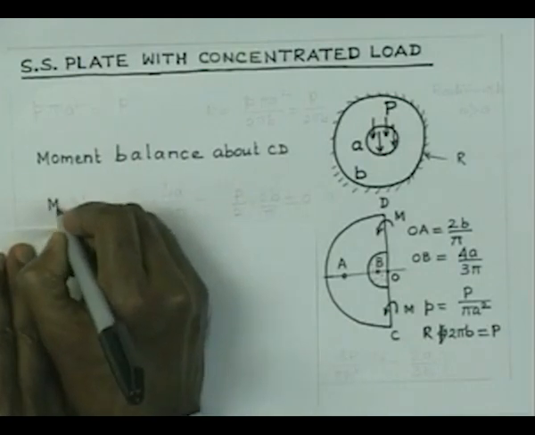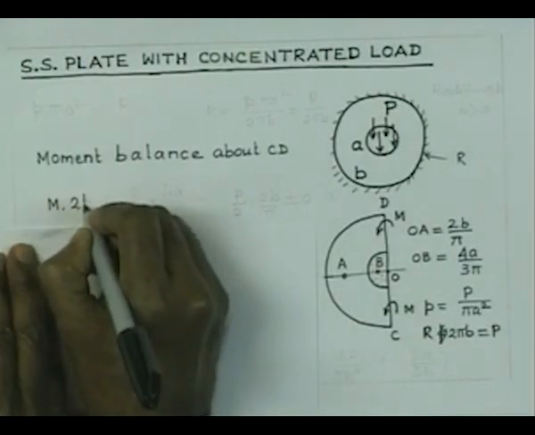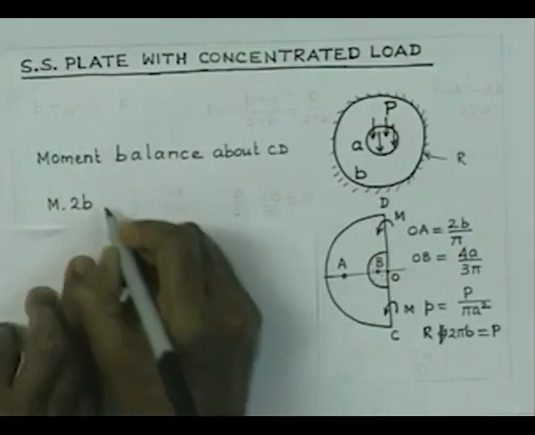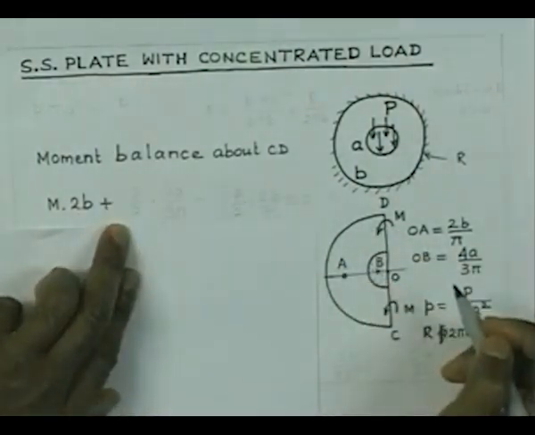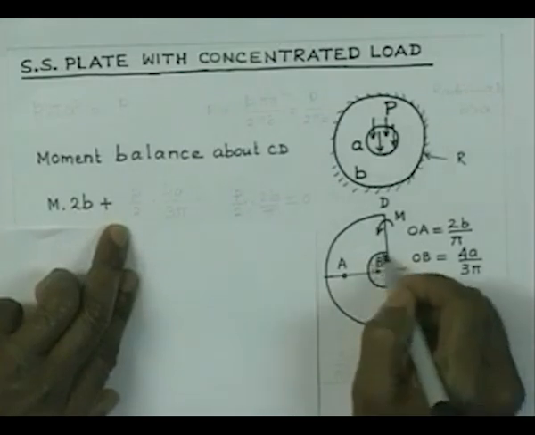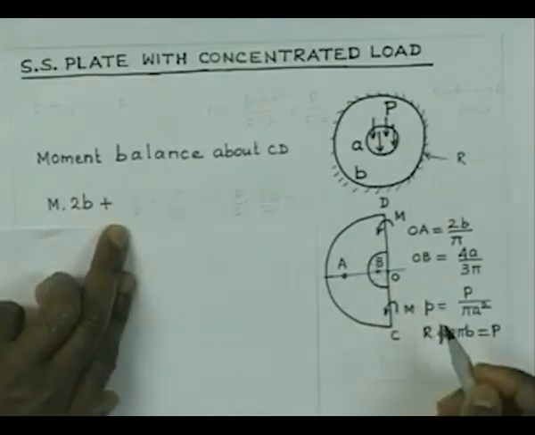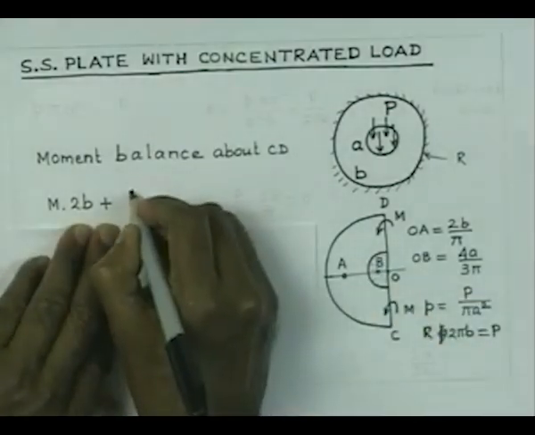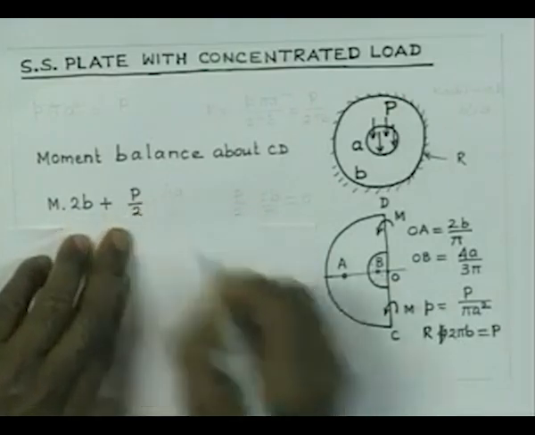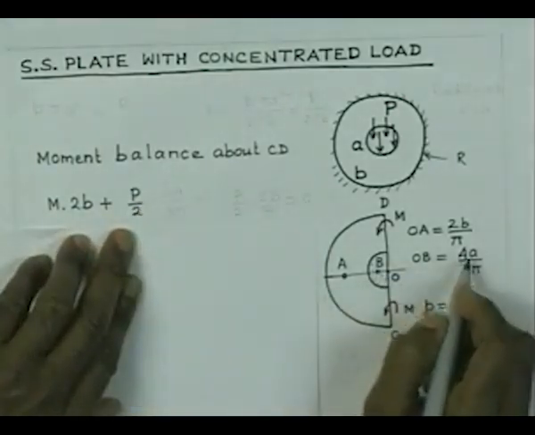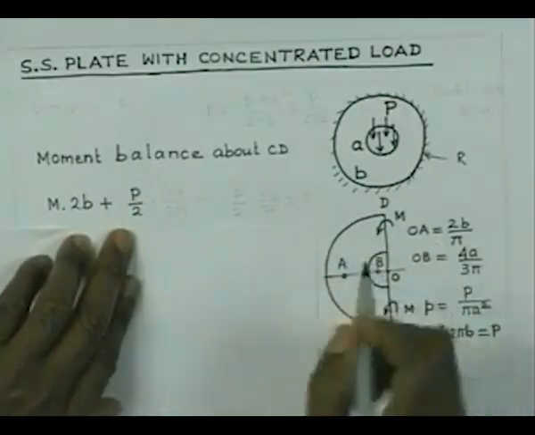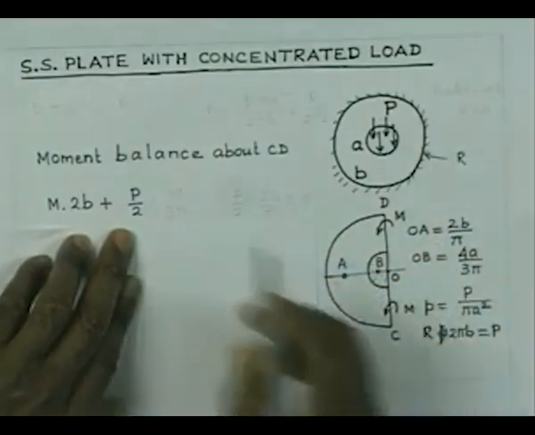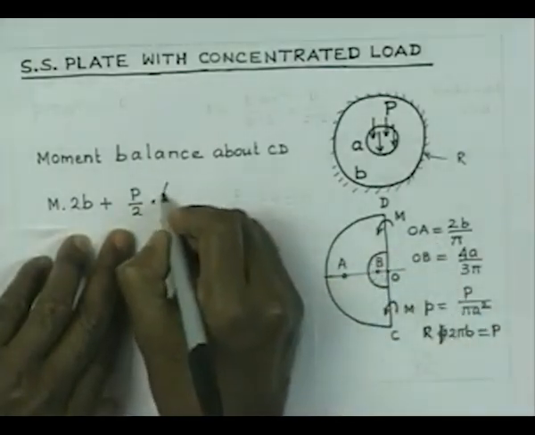So, we will have anticlockwise moment of magnitude M into 2b. We have this load which is acting over this semicircle, its magnitude is P by 2 and its moment arm is 4a by 3 pi. This is acting downward, so again we will have an anticlockwise moment.